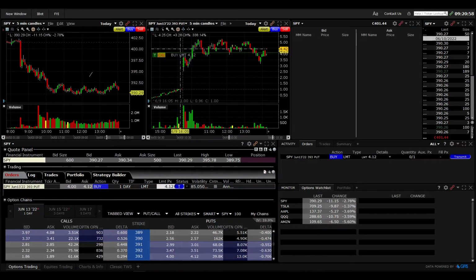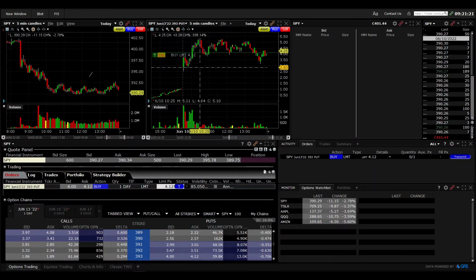So as you can see, still very volatile, even when you're choosing expiration days that are not same day or 1 day. You can still get some great volatility in options and have better risk reward when you're trading those longer time frame expirations.